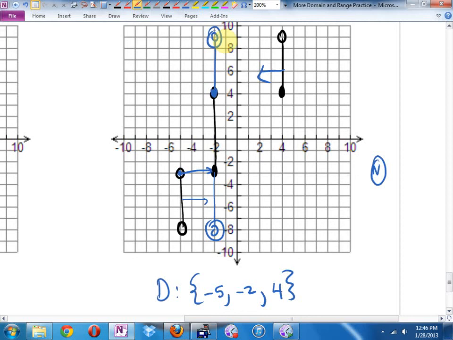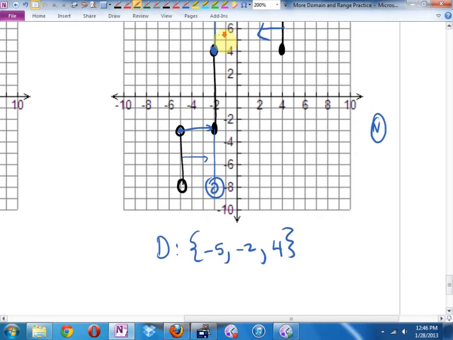So how can I say that? How low does this go? -8, not touching. How high? +9, touching? No. Y values, not touching. Any gaps in between? No, everything in between.